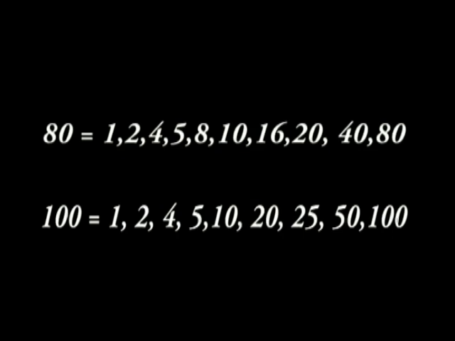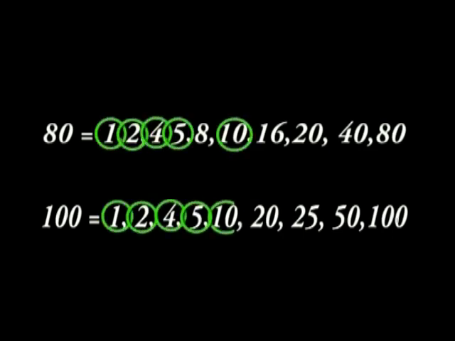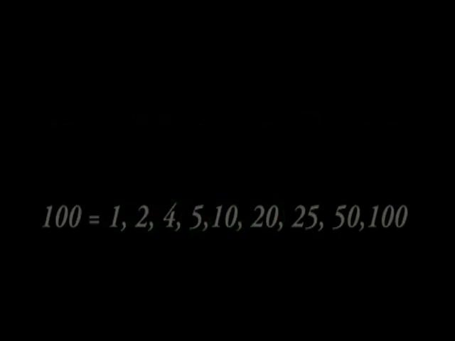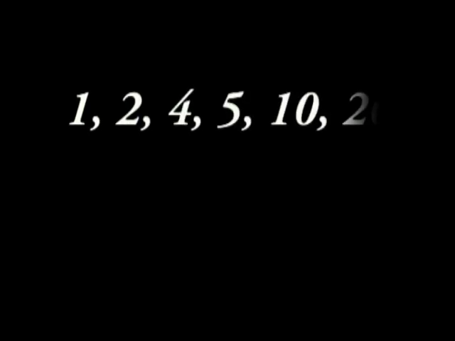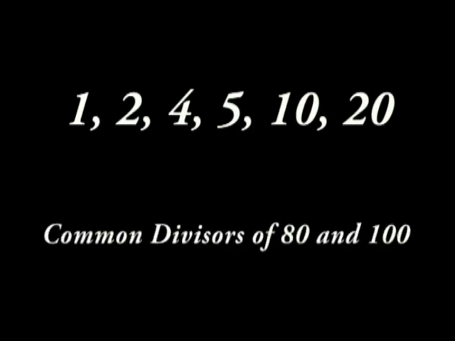The factors 1, 2, 4, 5, 10, and 20 are common to both 80 and 100. Confirm that. We therefore say that 1, 2, 4, 5, 10, and 20 are common divisors of 80 and 100.